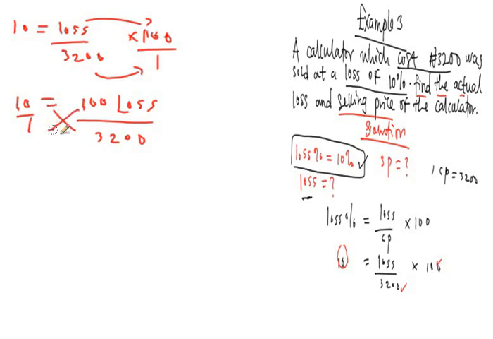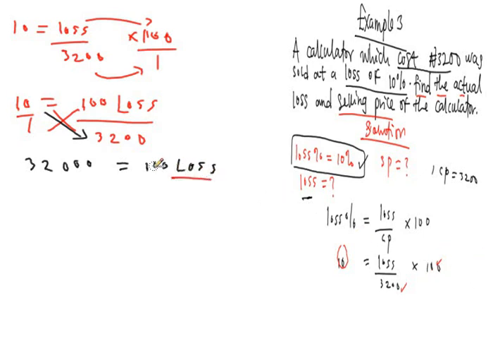So cross multiply. When we cross multiply, what will it give us? So 10 times 3,200 will be 32,000. 1, 2, 3, 3 zeros, equals 100 loss times 1, which is 100 loss, right? I'm looking for loss, aren't I?